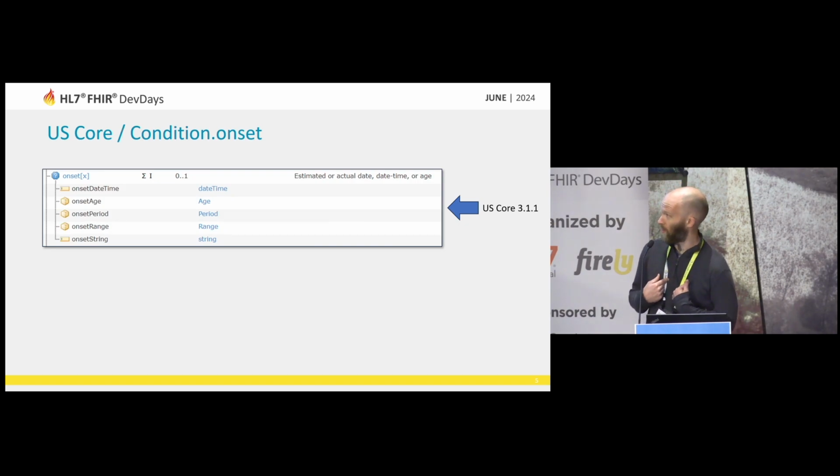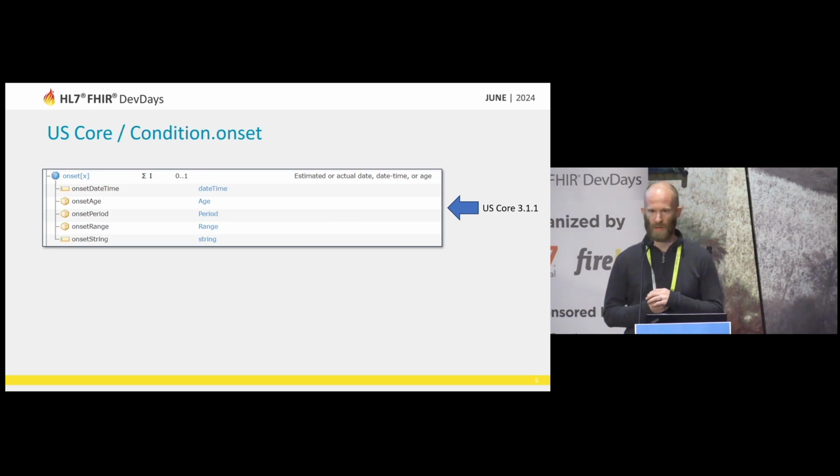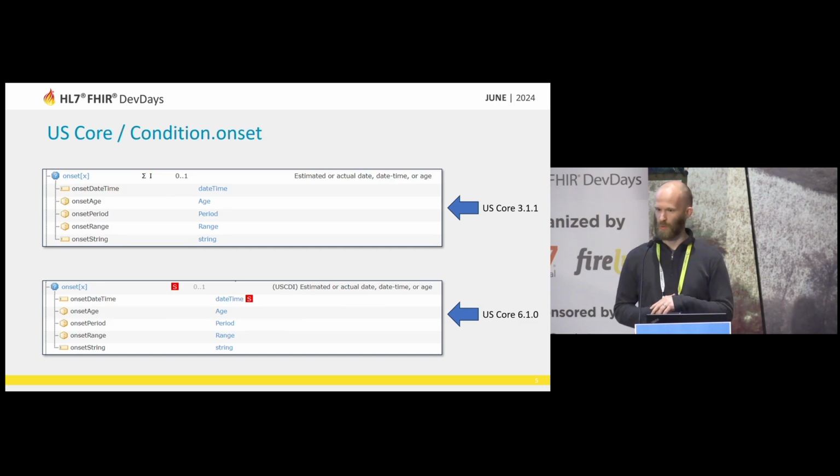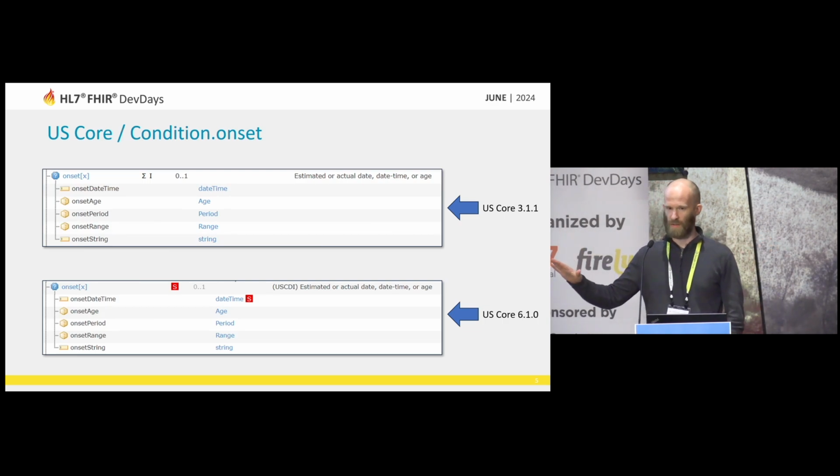Just spoiler, we chose to use onset period for representing condition onset in our server. But then US Core 6.1.0 came along and they added the must support flag to the dateTime option. Now from a FHIR core spec perspective, this isn't a breaking change. If you have an instance beforehand that uses period, that instance is still valid. But from a server perspective, this could be a problem.